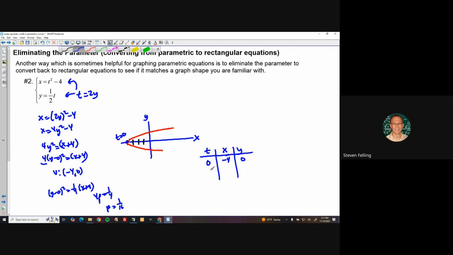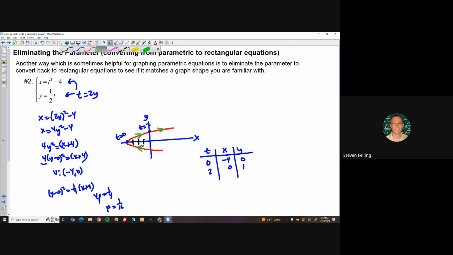And then maybe I could try t equals 2. So 2 squared minus 4 means x is 0. And a half of 2 would be 1. So we're at the point 0, 1 when t equals 2. So from that, I can tell that I've got to put my arrow in this direction.